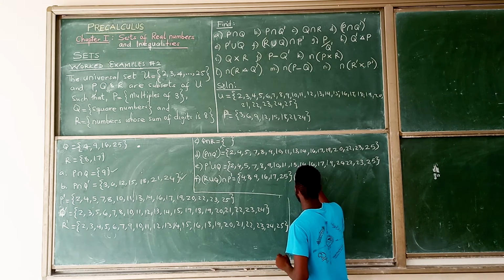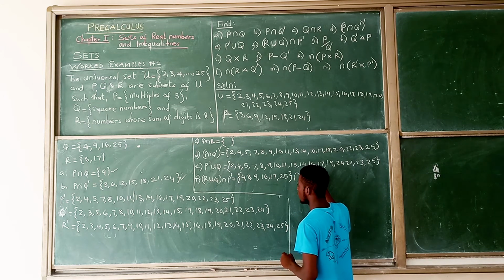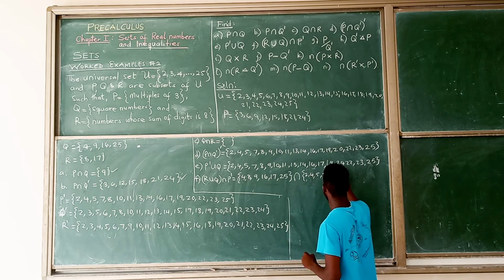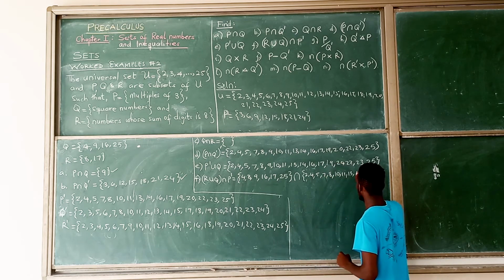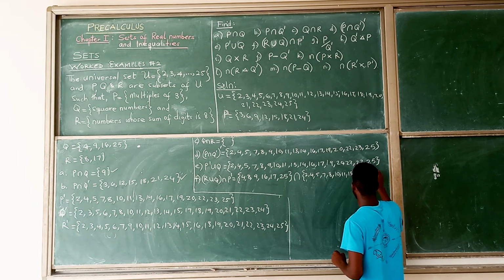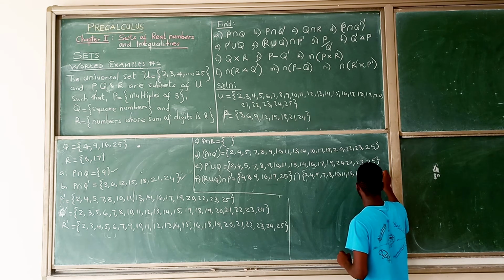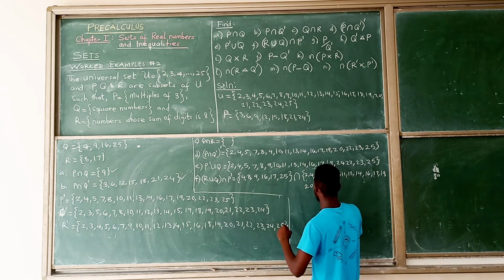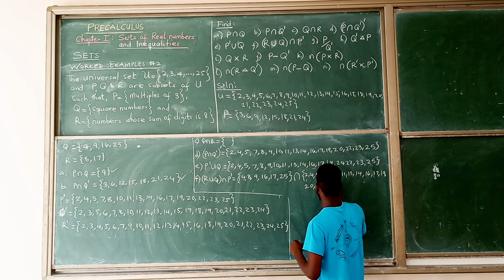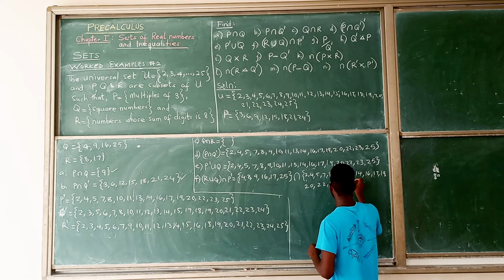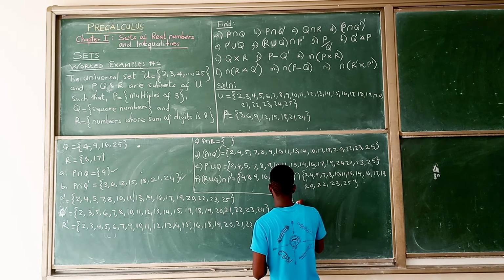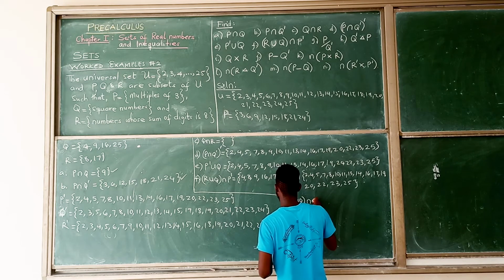So we have 2, 4, 5, 7, 8, 10, 11, 13, 14, 16, 17, 19, 20, 22, 23, and 25.